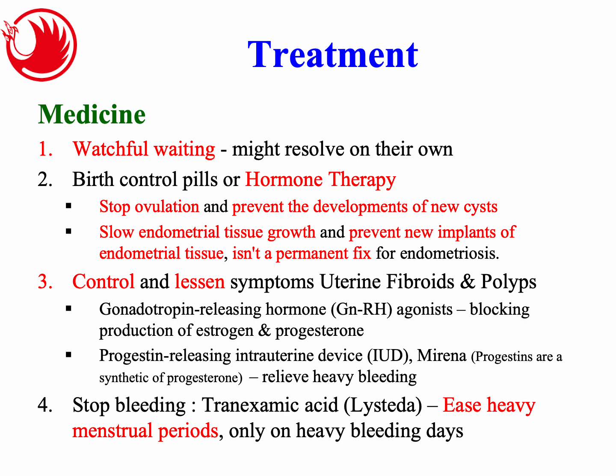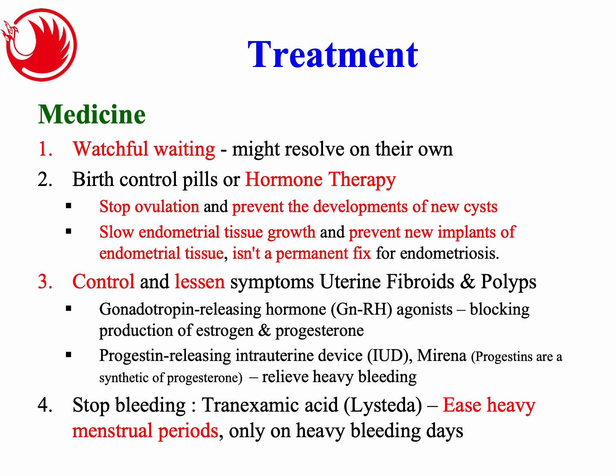Third is to control and lessen the symptoms of uterine fibroids and polyps. They will use a drug called gonadotropin releasing hormone agonist. This drug blocks the production of estrogen and progesterone to shrink the fibroids and polyps.